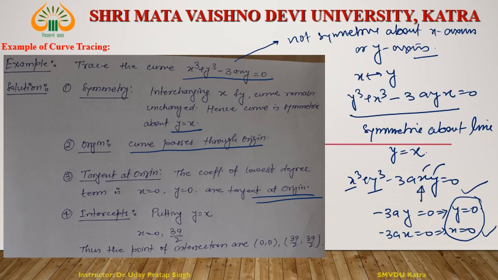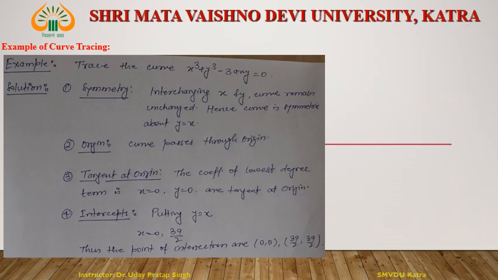Now, what is the intercept? We can obtain the intercept by putting y is equal to x, since the curve is symmetric about the line y is equal to x. Then x cube plus x cube minus 3ax square is equal to 0.